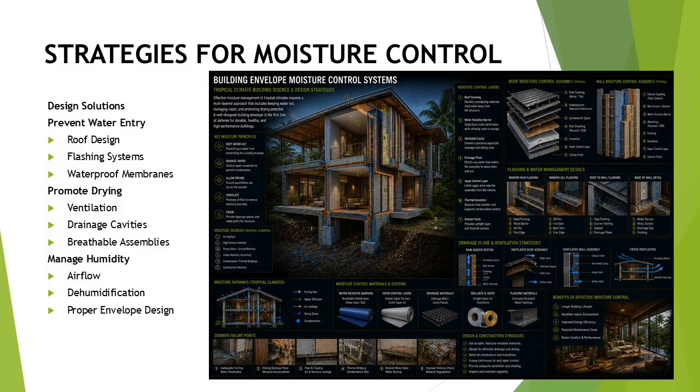Ventilation systems, airflow pathways, and environmental controls all contribute to maintaining healthy indoor conditions. The most successful tropical buildings are not necessarily those that keep all water out. They are the buildings that manage moisture intelligently.